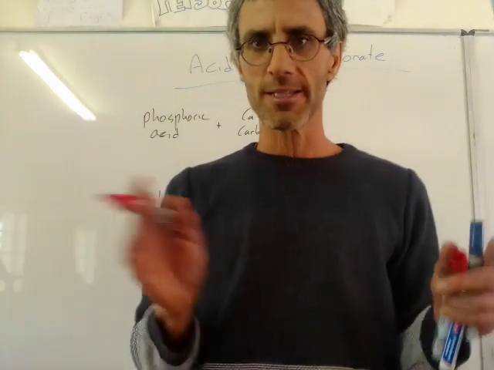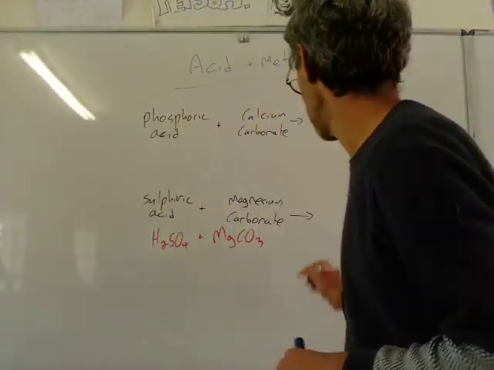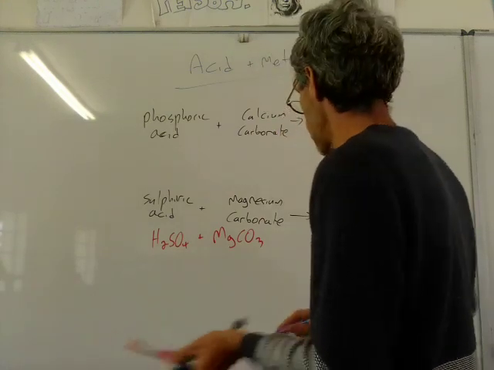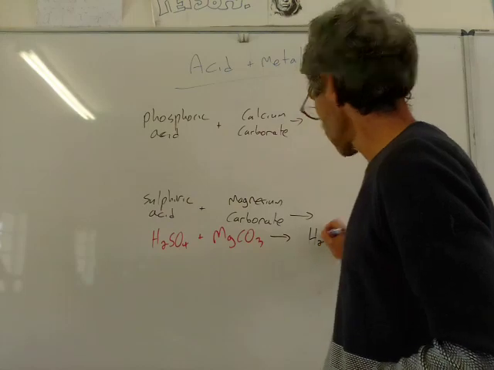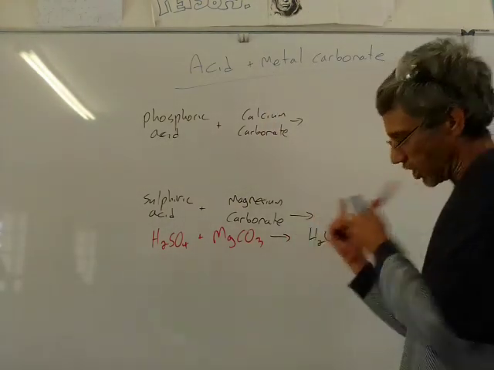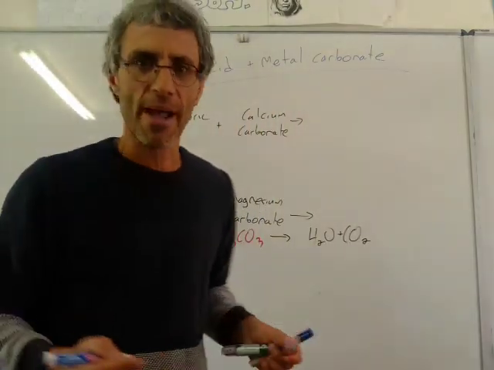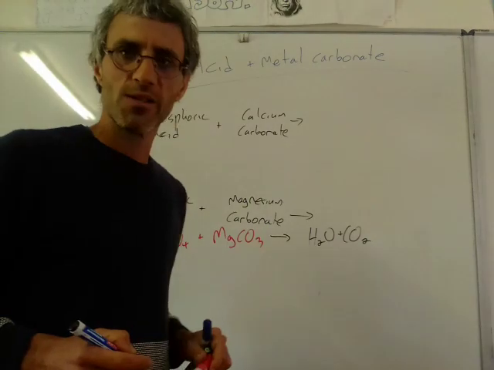Carbonate, CO3, is minus 2, Mg is plus 2, so it's simply MgCO3. Now, when they react together, what do we always get? We always get H2O. We always get carbon dioxide. I've changed the order. It doesn't really matter, but in these metal carbonate reactions, we always get H2O and CO2.